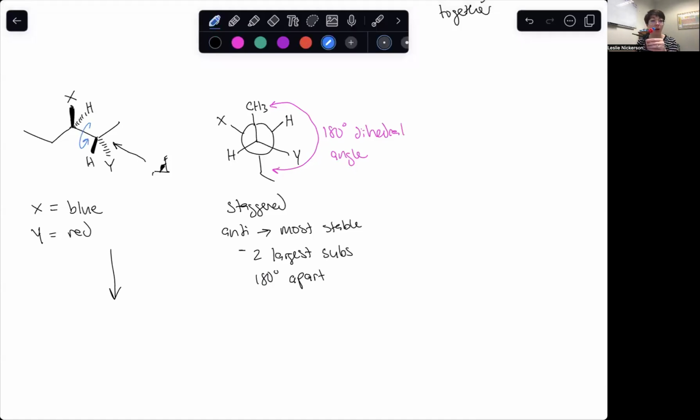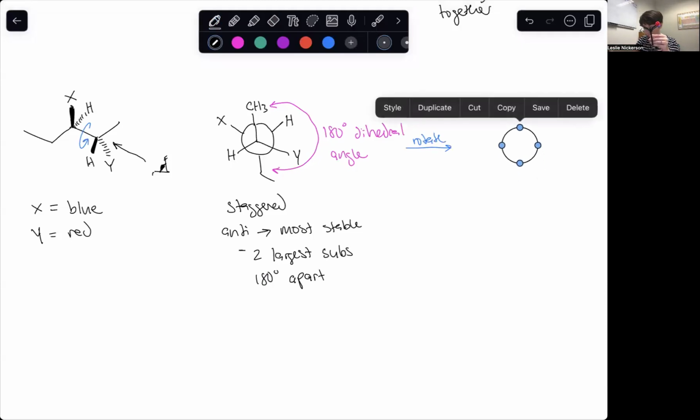Okay, so if we rotate around that, actually. Okay, so I've got my circle. I have rotated my front carbon, so now my CH3 is going straight down.